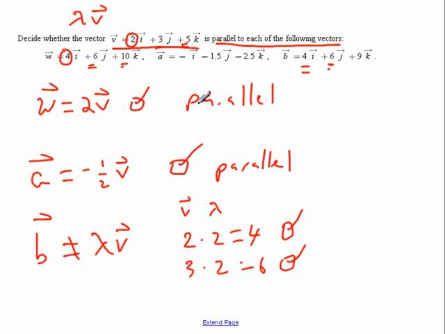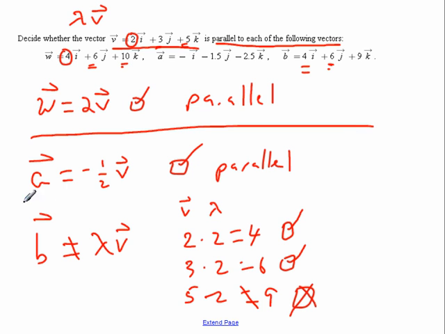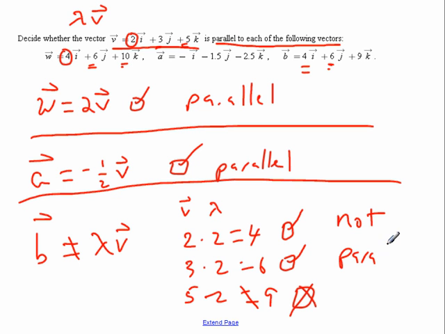But 5 times 2 does not equal 9. Therefore, b is not just a scalar times v, so it is not parallel.